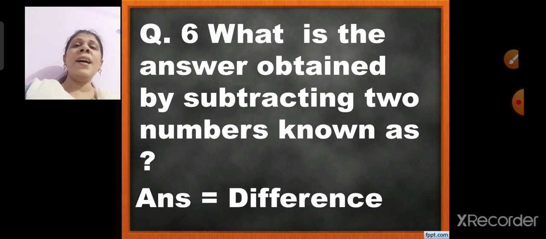The answer which we get by multiplying two numbers is known as product. The answer obtained by subtracting two numbers is known as difference.